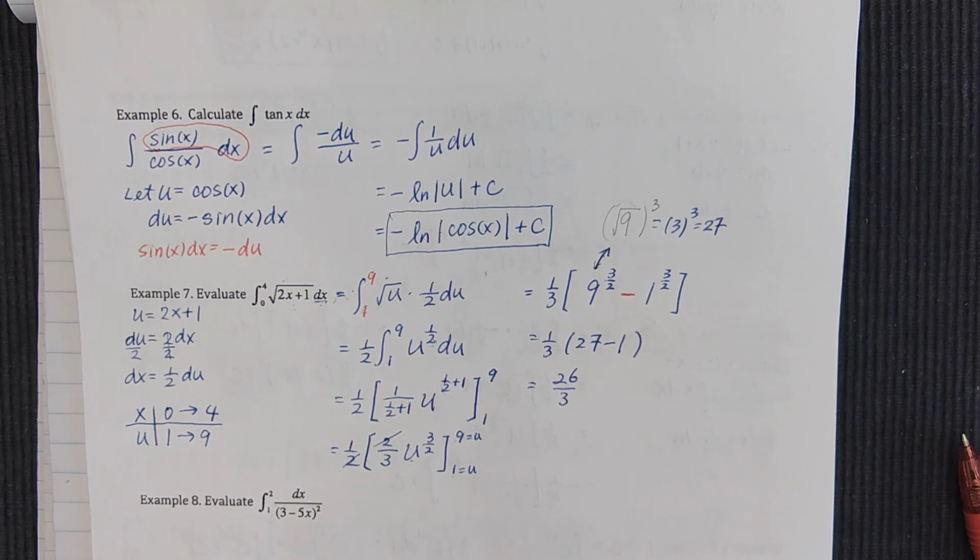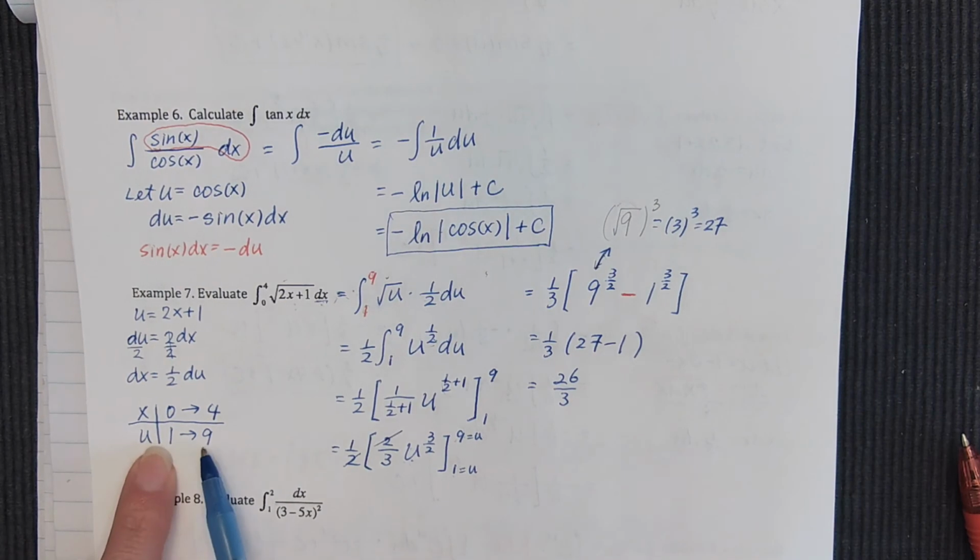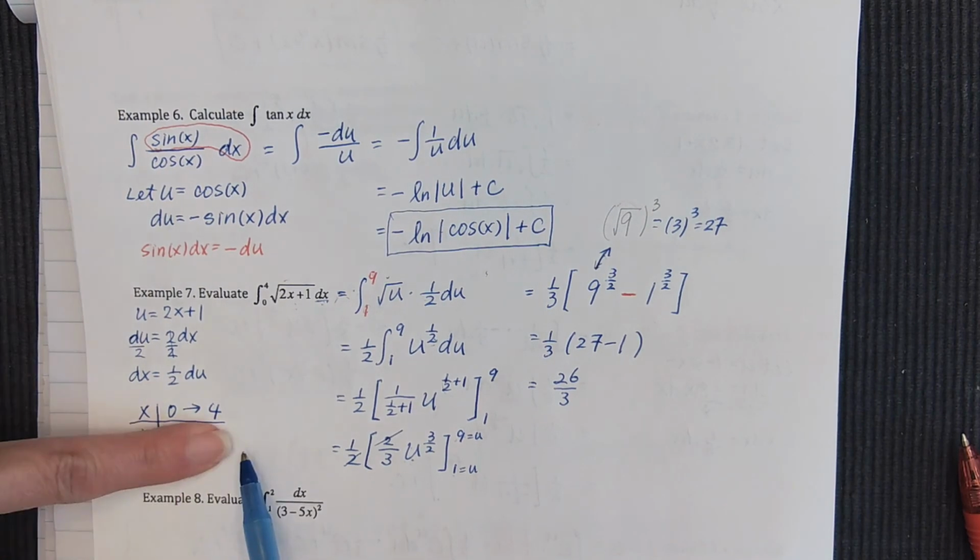Anyone else? Would this work as well if we were to reintroduce x and just do it that way? Yes. If you don't want to change the limits to 1 and 9, you still want to keep the 0 to 4.